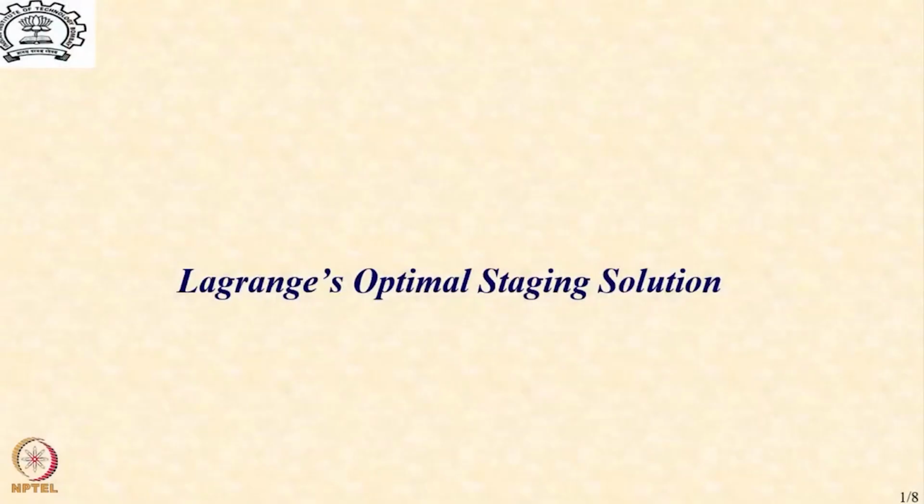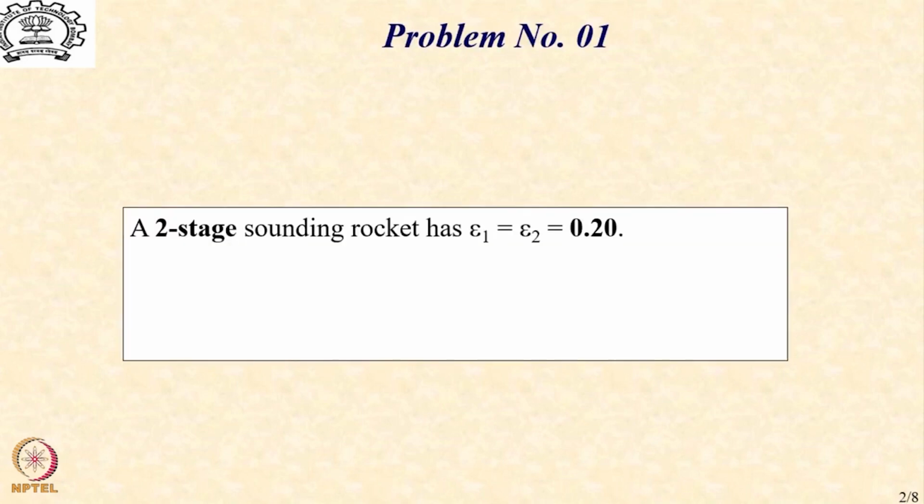Let us begin our discussion with the simplified problem of equal stages. So in this case, let us consider a two-stage sounding rocket which has the structural ratio for both the stages as 0.2.